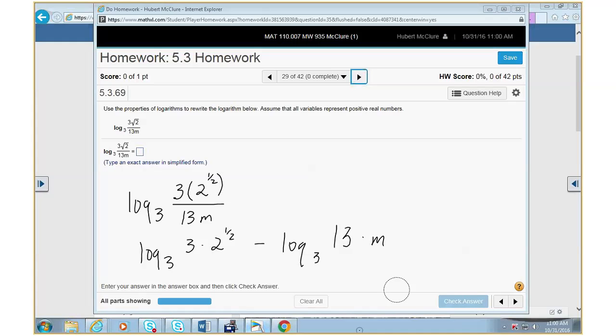And then that's going to be log base 3 of 3 plus 1/2 log base 3 of 2 minus log base 3 of 13 plus log base 3 of m. Now what else can we do to that negative right there? So that would be a negative, and this would be a negative, and that's your final answer.